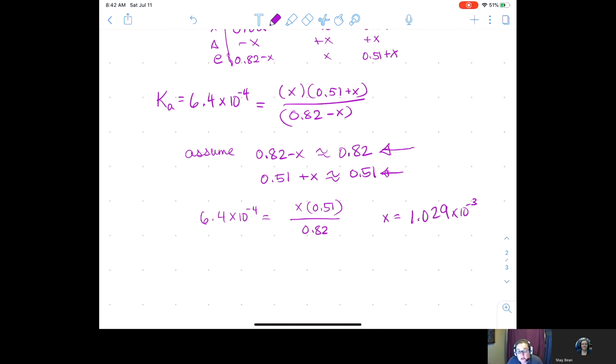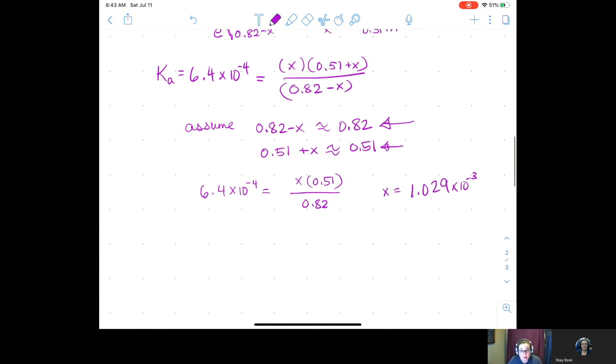All right. So with that solution, and again, I'm in the third decimal place, and both of my concentrations, the 0.51, the 0.82, are only in the second decimal place, and then my third decimal place change is a 1. That's small enough that I'm not going to have to worry about the approximation not working.